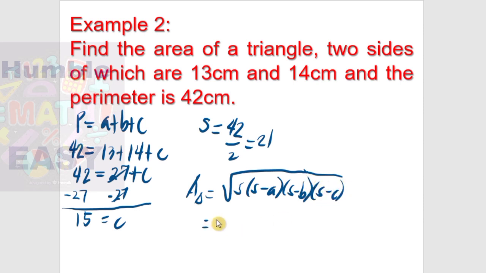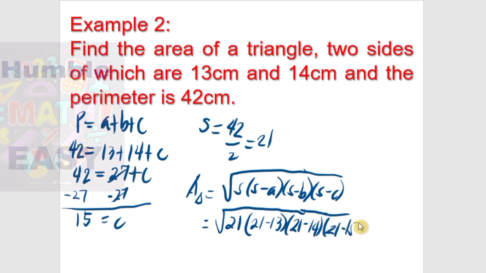And so S here is 21, so we have the square root of 21 times 21 minus 13, times 21 minus 14, times 21 minus 15.